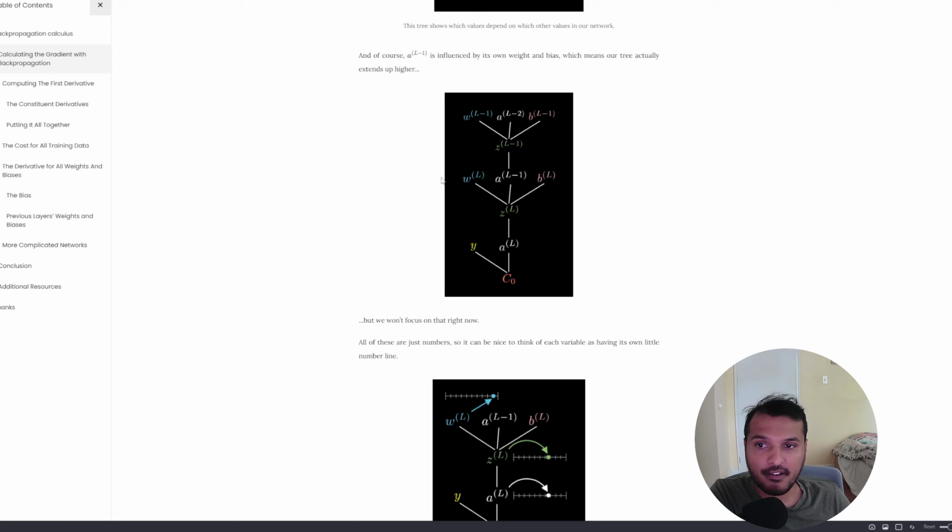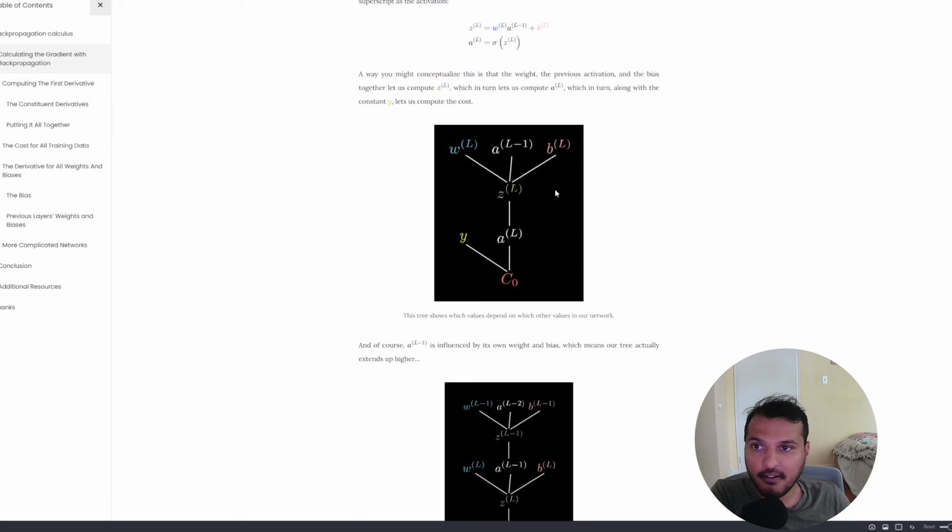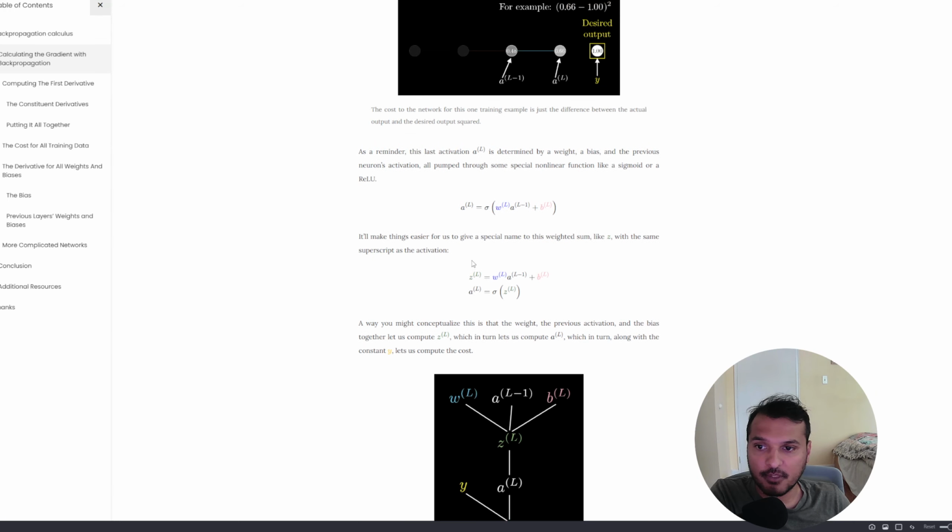So here in the lth layer, you get the previous layer's activations, you apply the weights and biases to get the output of this layer, apply activation, and then compute loss. This is what the forward pass looks like. Let me show you in terms of equations. Here you can see the output of the current layer is the weights of the current layer times the activations of the previous layer plus the biases.